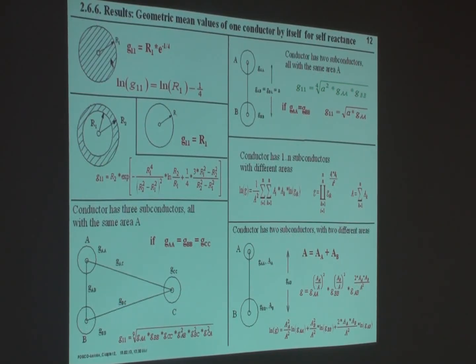If there is no current displacement, you will get this. It is a geometric mean radius of a full round conductor: the radius, which has to be multiplied by this expression, the power of 0.25 of the E function.